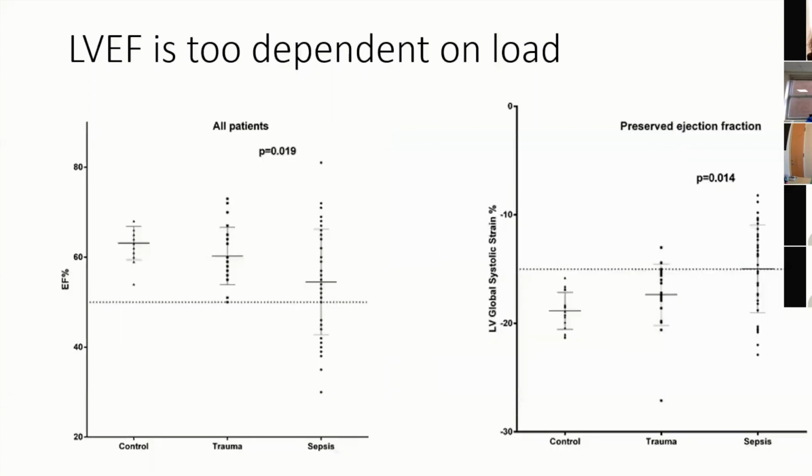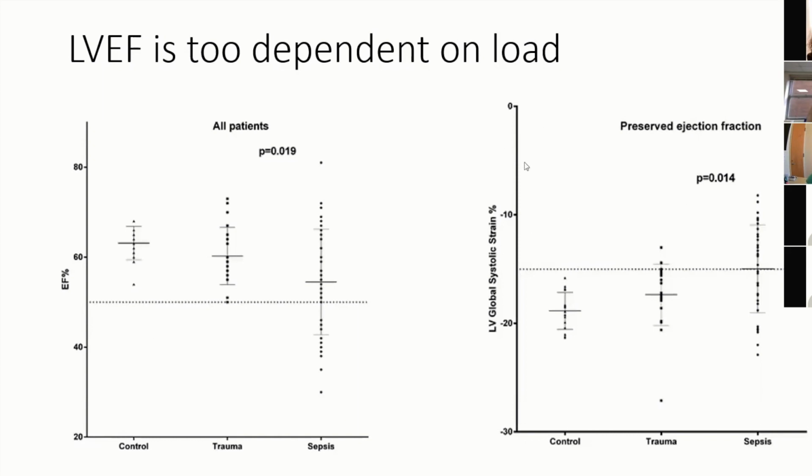And to demonstrate how ejection fraction is too dependent on load, this is an interesting study of patients with sepsis and trauma with a normal ejection fraction. You can see here on the left, all the people who were above this line. If we take this group and measure their strain, a substantial number of the patients have abnormal strain.